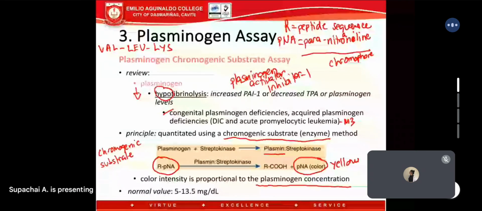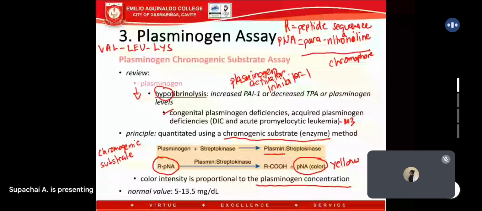So, going back to the equation, as you can see, plasmin streptokinase acts on R-PNA, and the products are R-COOH, that's our R-carboxyl, plus PNA. So there would be a change in color. Particularly, it will become yellow.